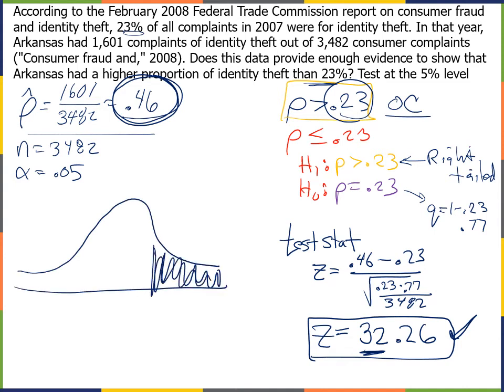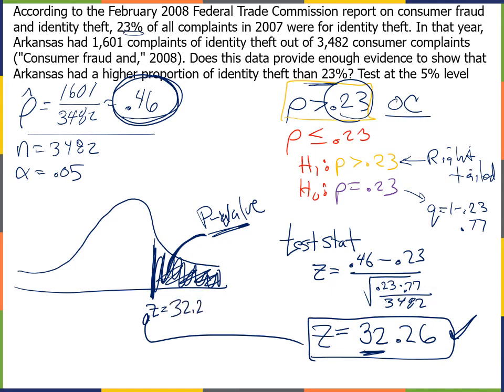This area here is our p-value, and what we need to do is find what that is. How do we find it? This value right here that separates this area from everything else is the test statistic, the z-score of 32.26.